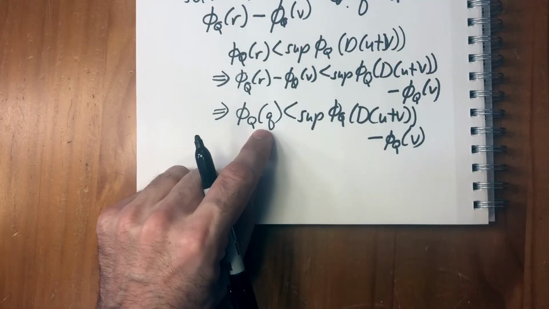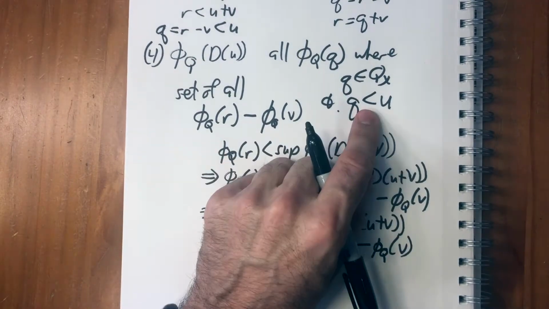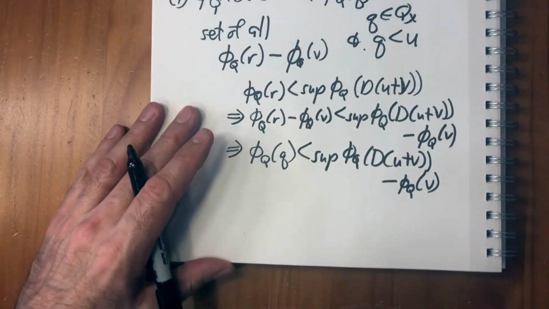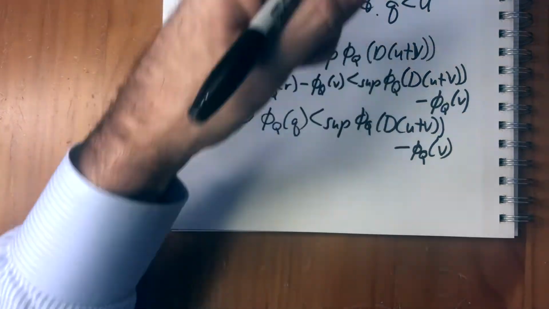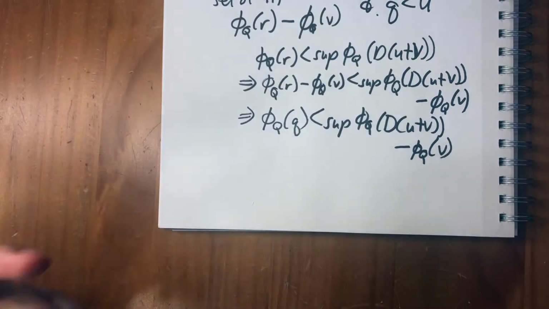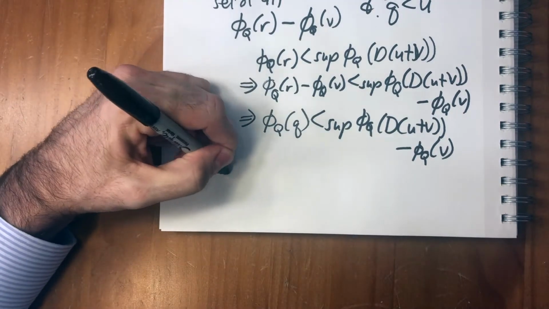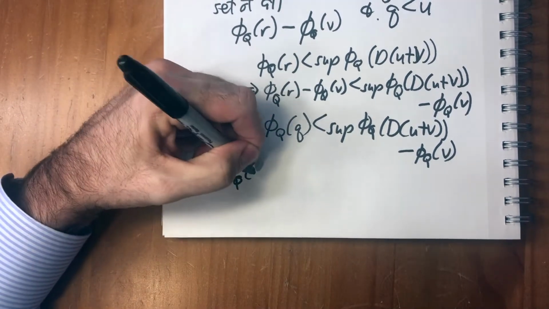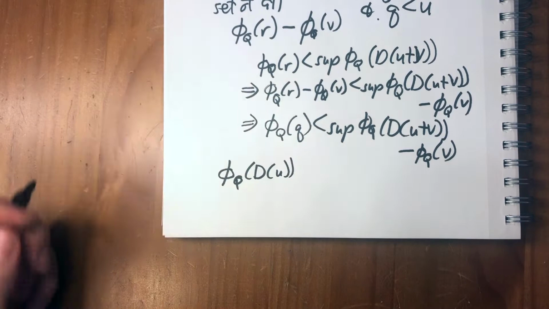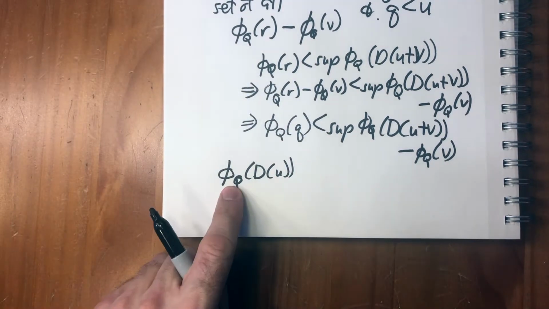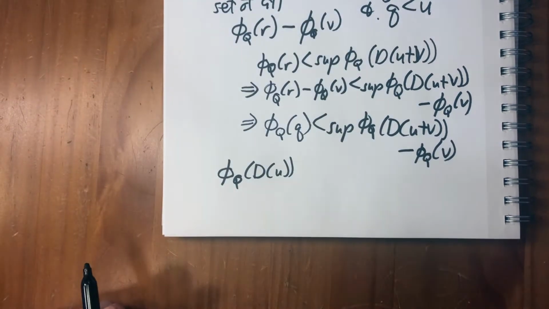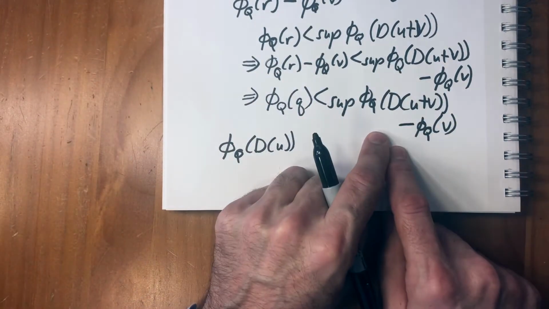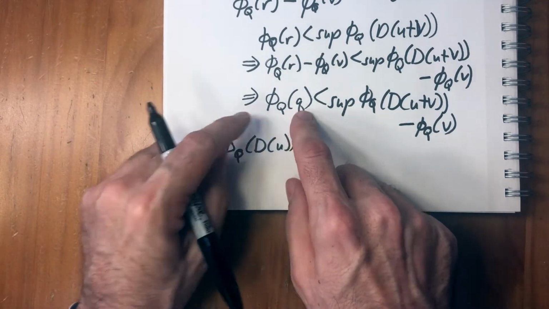Now, we know that q is all rationals less than u. So the set of all phi q with q less than u, that's the definition of the set phi q of du, right? This set is the set of all of these when q is less than u. And this is bigger than everything in this set.